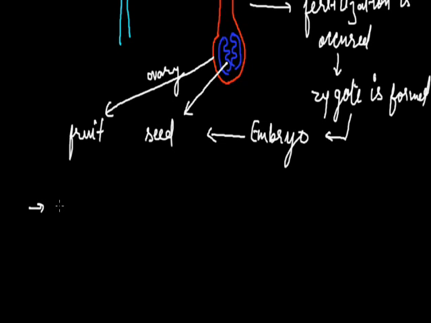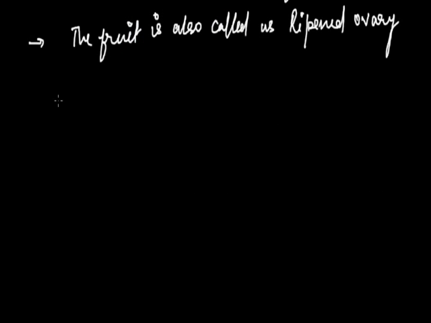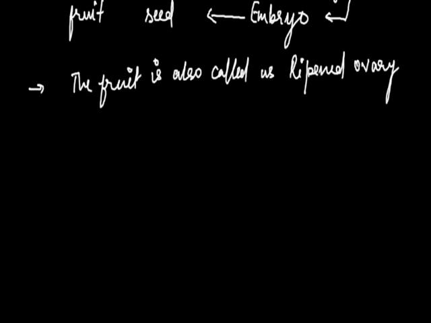Sorry, the fruit is also called the ripened ovary. So this is all about the fertilization process, and the process of sexual reproduction is completed.